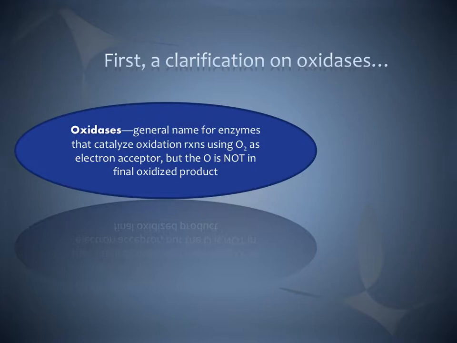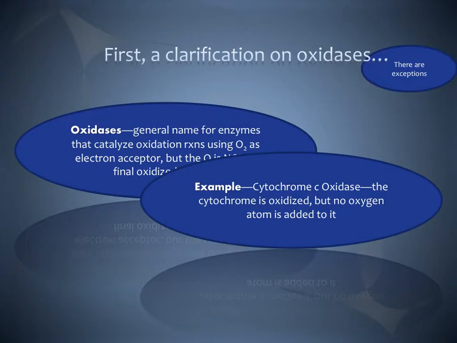Remember that's the elemental form for oxygen naturally occurring, it's diatomic. But the oxygen is not incorporated into the product. That's why we had cytochrome C oxidase from the electron transport chain. Remember cytochrome C oxidase? It took oxygen, O2, but it made it to water. It didn't add the oxygen onto complex 4. It made it to water.